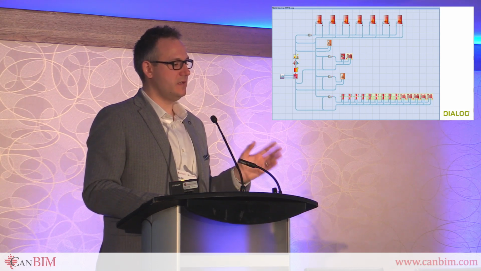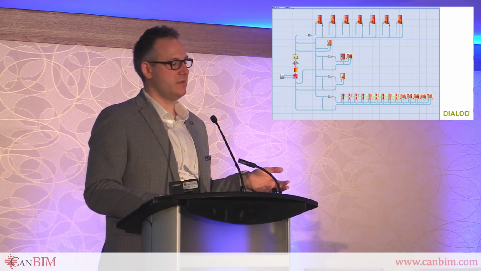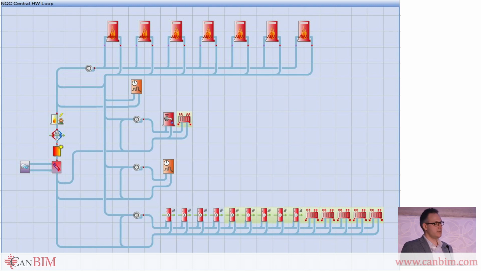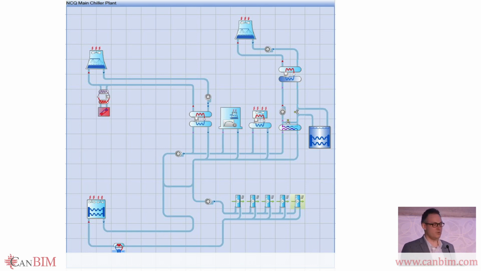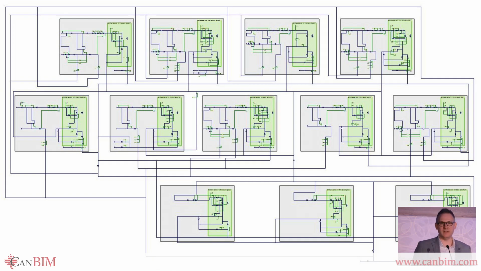So it gives us an understanding of what spatial element is being serviced by what piece of equipment. And this is just a heating loop, so this is showing us the heating for the building. Sorry, I'm realizing I'm yellow now, so I've got to speed up a little bit. And this is the cooling map, right? And this is essentially the AHU schematic.